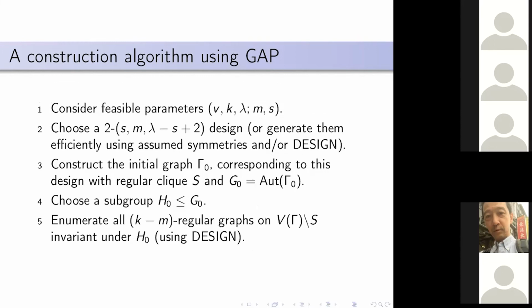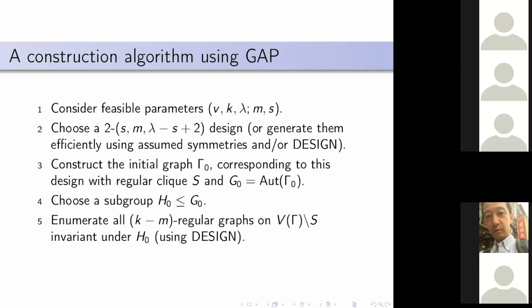Now we're going to choose a subgroup of these automorphisms. And this might be the trivial subgroup if you want. But what we will use this for is we will enumerate all k-m regular graphs on the rest of the vertices that are invariant under this subgroup.